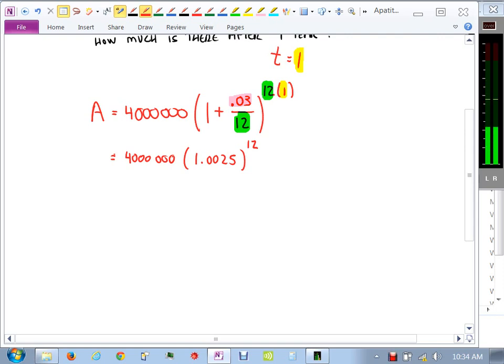You raise it to the 12. 1.0025 raised to the 12. You following still? Raise that to the 12. Now multiply times 4 million.